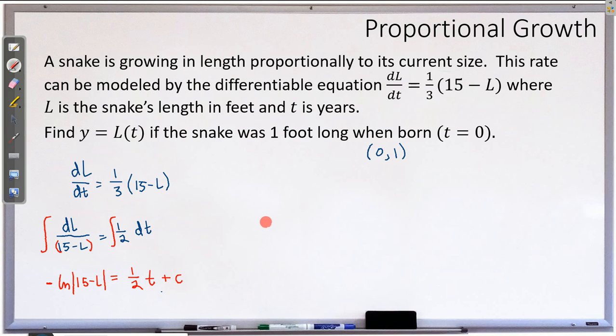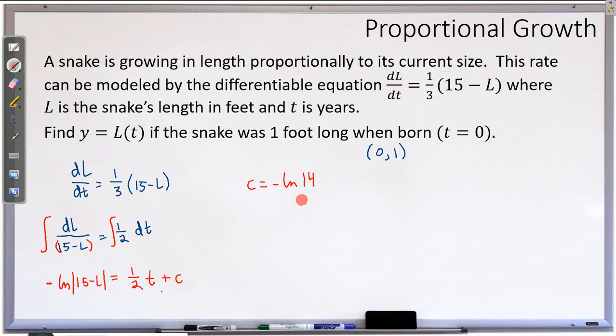So let's plug that in. t is 0, so that goes away. We're going to be left with c is equal to, if we plug in 1, c will be equal to the negative natural log of 14. I don't need the absolute value anymore because it's not negative on the inside.